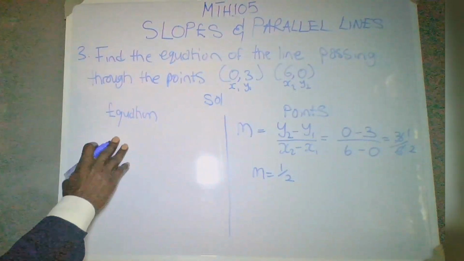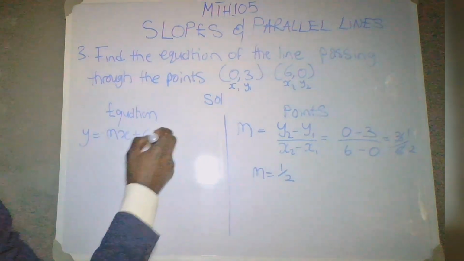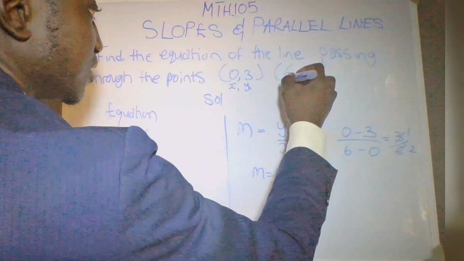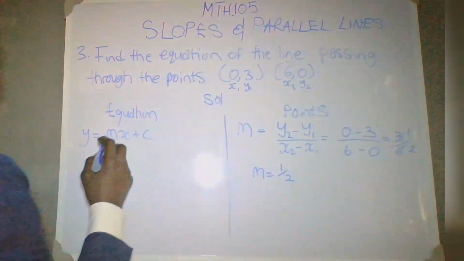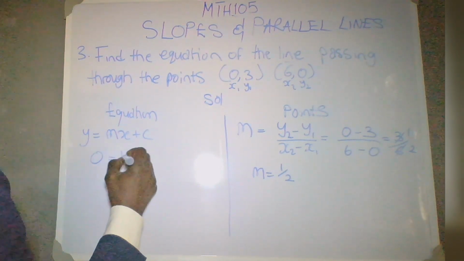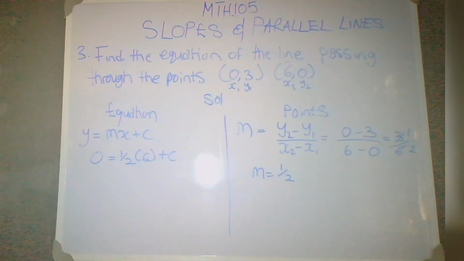So we can come here to the equation where we have y equals mx plus c. Then we're taking from this: y equals 0, equals 1 over 2 into bracket x, which is 6, plus c.